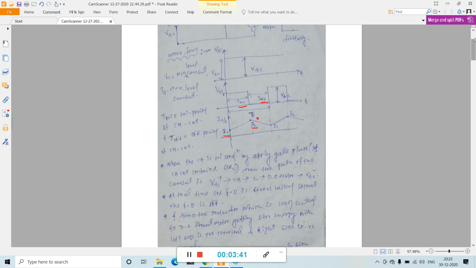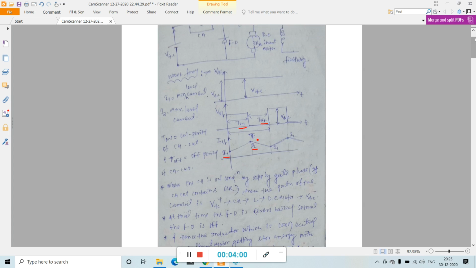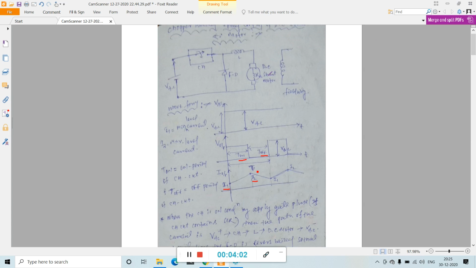So when the chopper is on by applying a gate pulse, if the chopper circuit contains an SCR, then to turn on this chopper we need to give a gate pulse. Then the path of the current is VDC plus, chopper, L, DC motor, VDC minus. This is the path when the circuit is on.